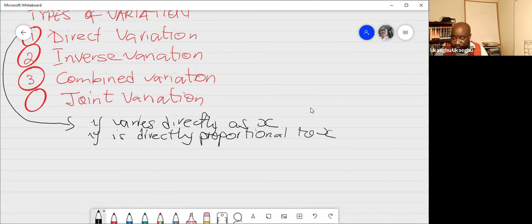in mathematical symbols. In mathematical symbols, we can say that y is directly proportional to x. That means y is equal to kx, if we remove the sign of proportionality. Okay?